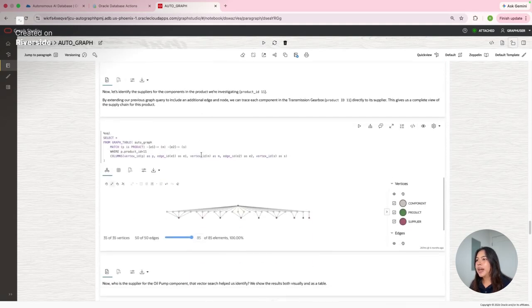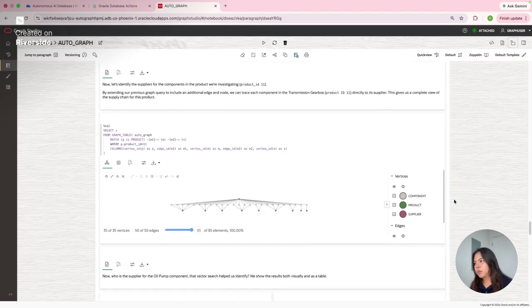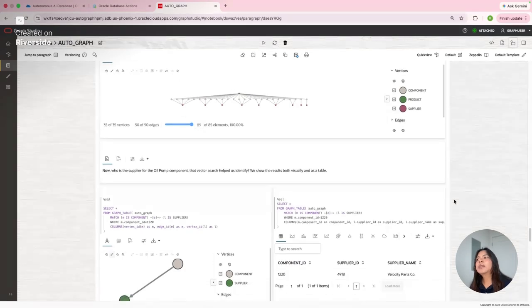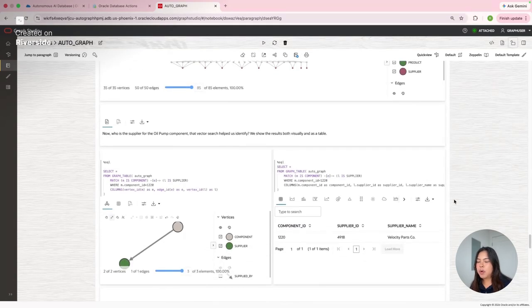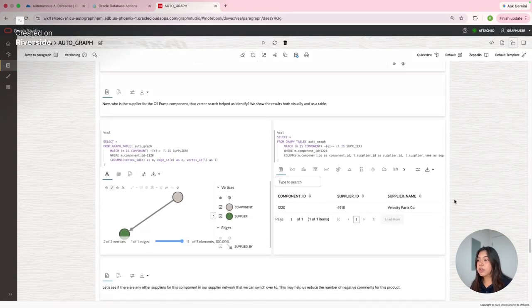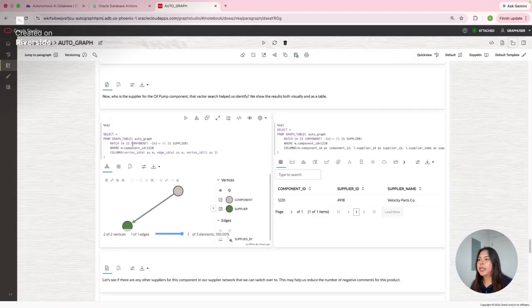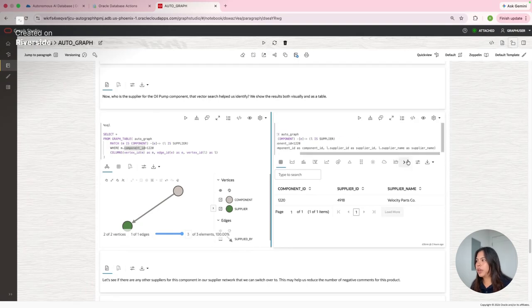So now we want to also see, for example, which are the suppliers for our products, right? So in here, you can tell that we have multiple suppliers, right? But since we're only looking at one specific component, which is the one that's giving us the issue, we're able to quickly query the graph and identify the supplier for that component, right?